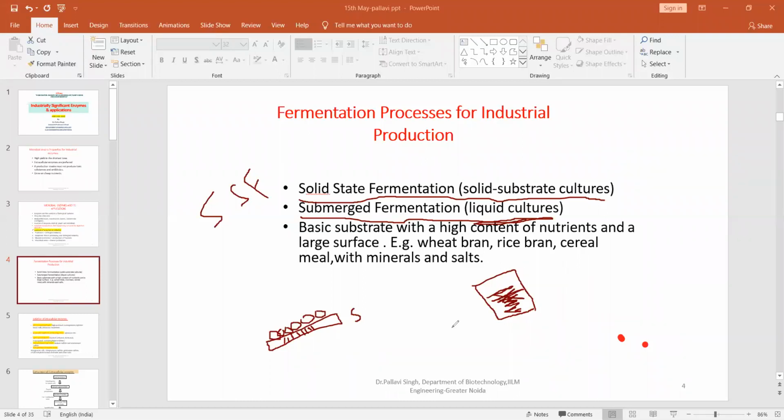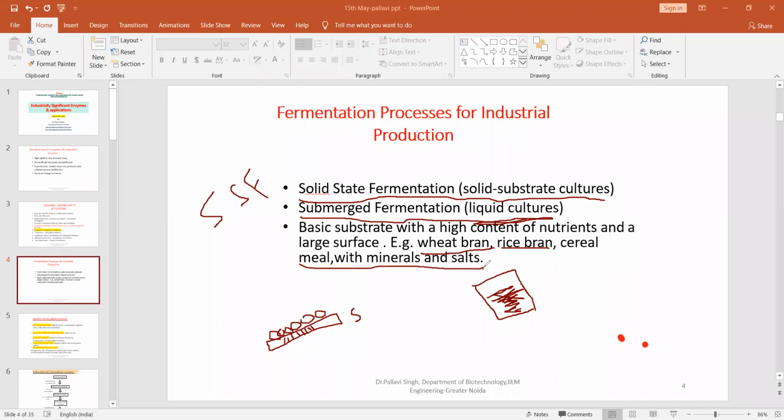So I hope it is clear that fermentation processes for industrial production are carried out in two ways: solid state fermentation and submerged fermentation. And as in the previous slide, the substrates should have carbon, nitrogen, water. So cheaper sources of carbon are used in industry, like wheat bran, rice bran, cereal meal with minerals and salts.